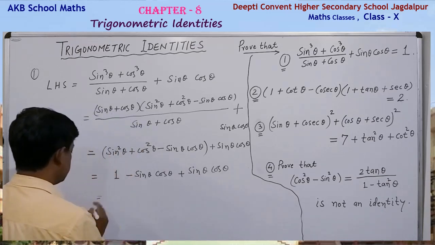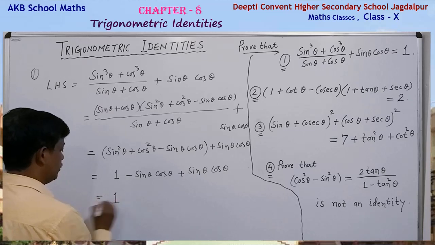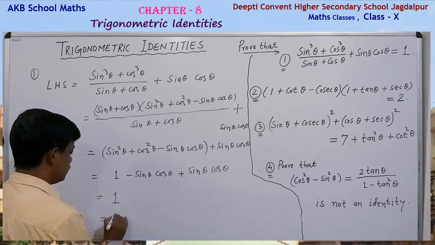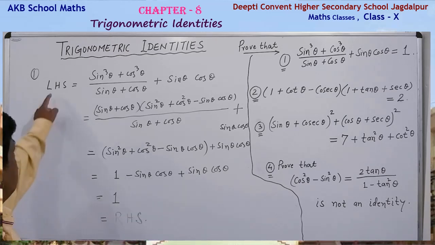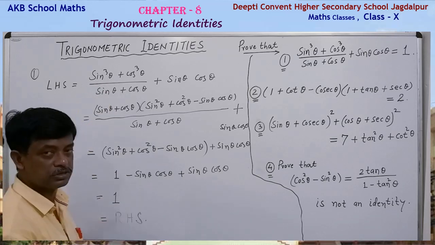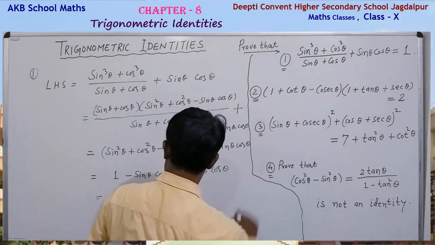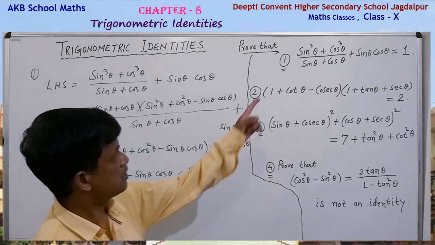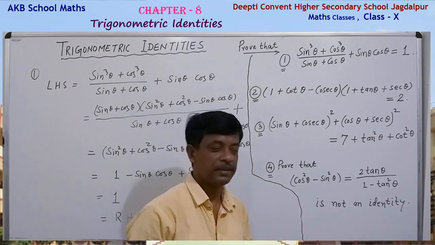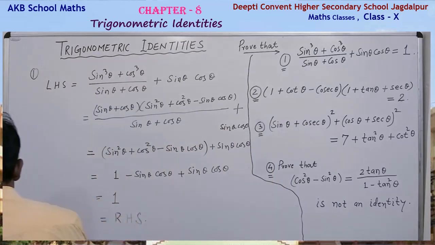So we get 1, which equals the right hand side. So left hand side equals right hand side, 1. So the given relation is proved. Similarly we can take the second question.